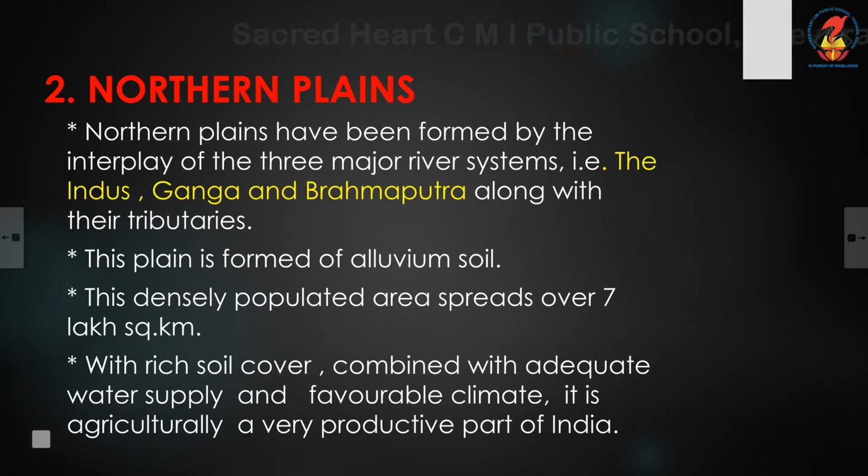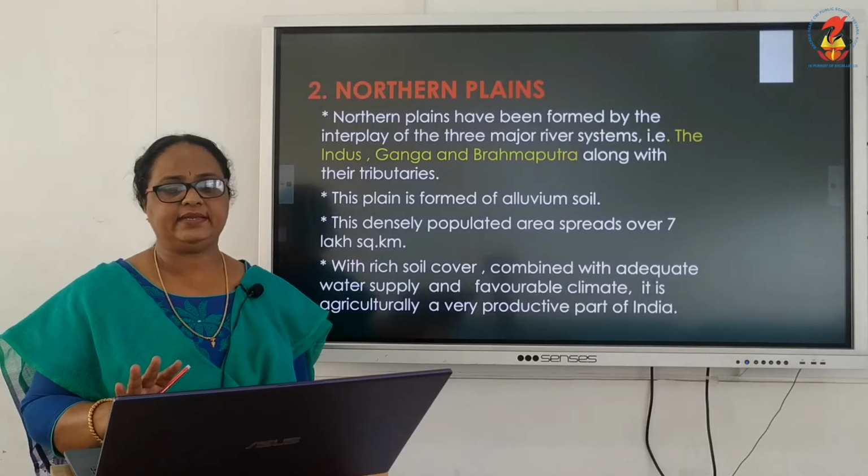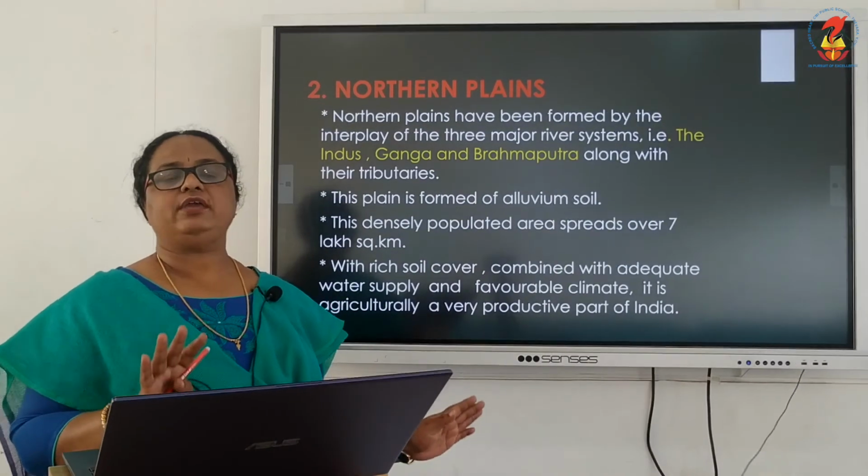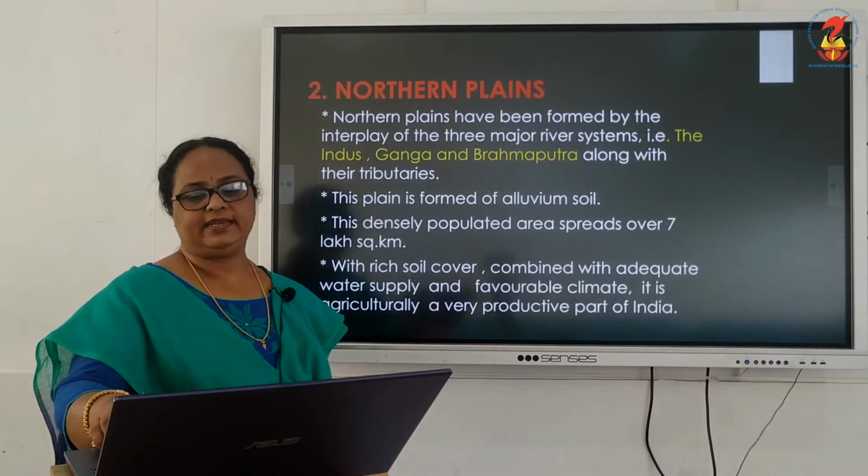Since it is drained by the rivers, it has alluvial soil, alluvium, which is very fertile, and the people have started settling down there. So it is very densely populated, and it is a very productive part of India.